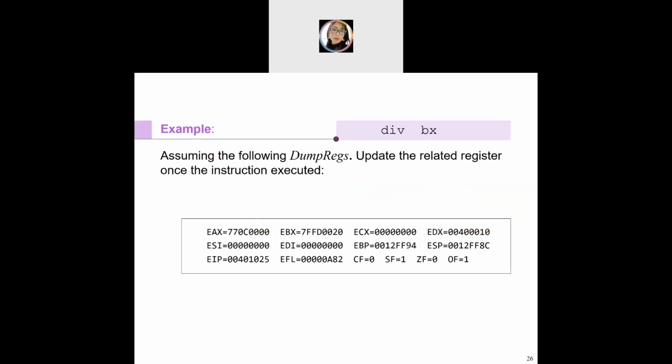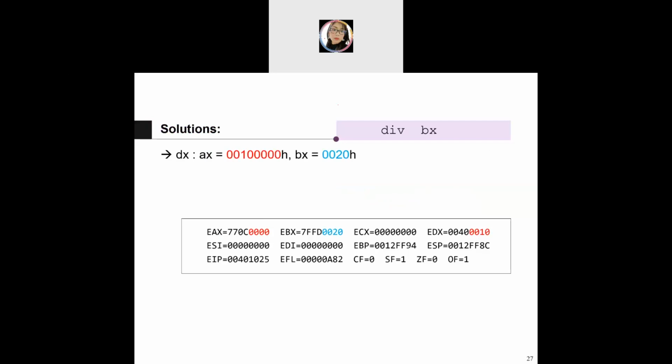And you have also another one, which is under the IDIV BX. So you're going to divide by the BX, and you have the initial value just now. Okay, this one is continuous. So this is the AX, and you're going to divide it with the BX, which is 0, 0, 2, 0 hexadecimal.